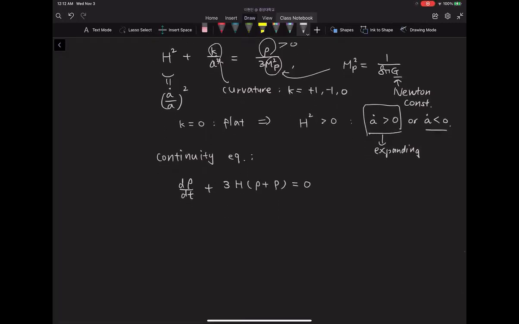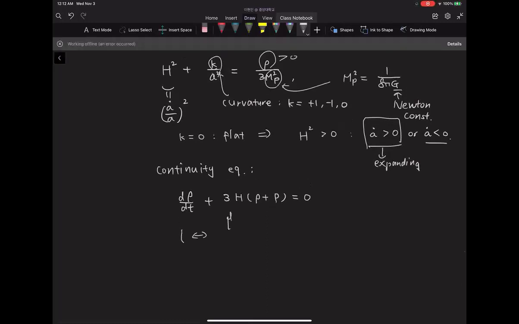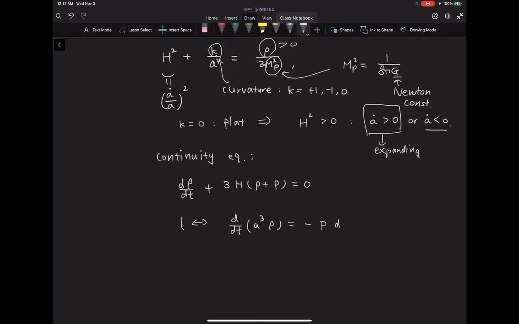So this is nothing but the total energy, the a cubed times the energy density, given by minus the pressure times the d of a cubed. Here a cubed is the volume.